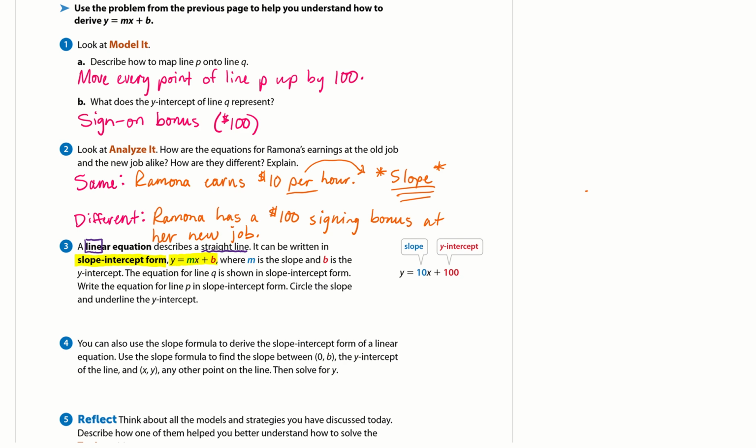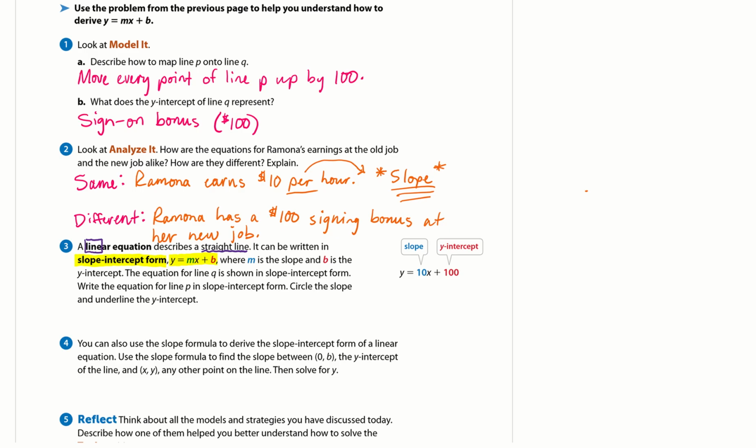Don't ask me why b is the letter that we chose for y-intercept. It's just kind of the way it is. But that vocab there, slope-intercept form, y equals mx plus b, you could probably go home and ask your parents, and they remember learning this when they were in school, because you're going to see it a lot.